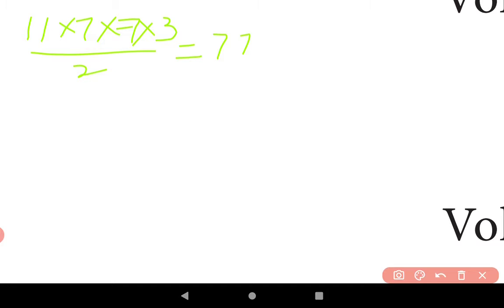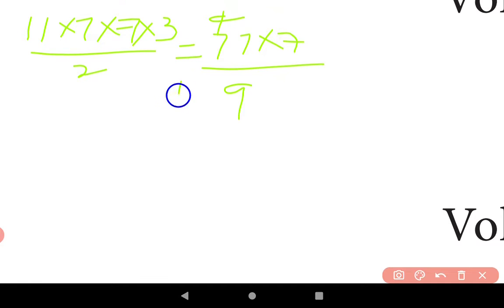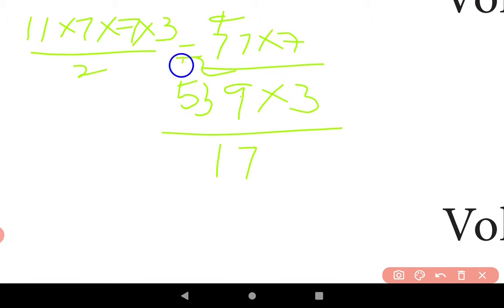Let us multiply that with 7 again: 7 sevens are 49, 7 sevens are 49, 53, so 539. Into 3 again: 9 threes are 27, carry 2, and so on, which gives 1617.